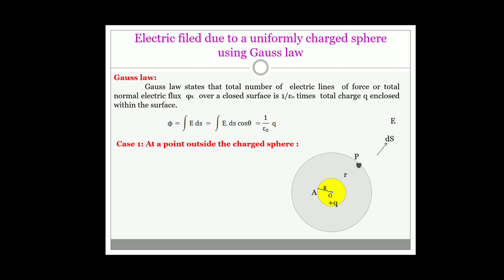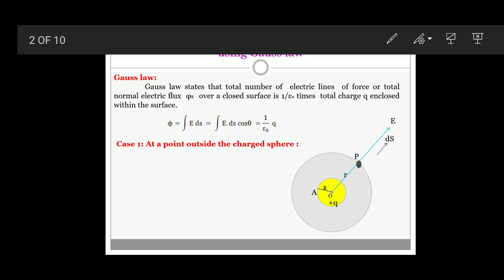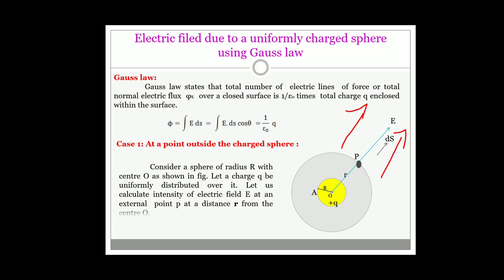And the intensity of electric field is along the direction of OP, and ds is the small surface area on the Gaussian surface whose normal is always along the direction of electric field. So ds is along this direction, and E is also along the same direction.